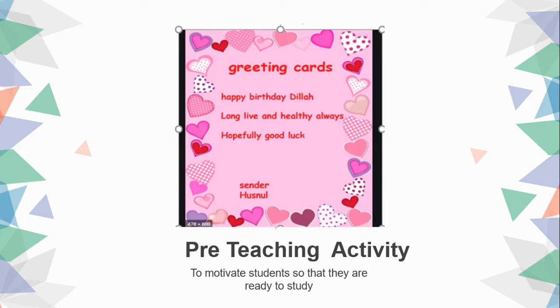It means that in this activity, the teacher provides some material that gives brainstorming to our students. In a pre-teaching activity, we can use a picture or a video that is related to our topic. Here, I use a picture to motivate our students.